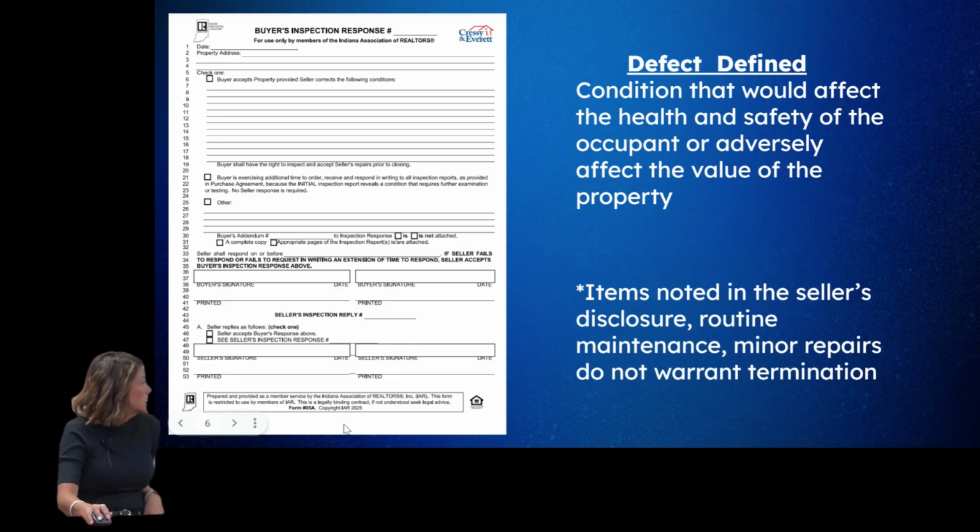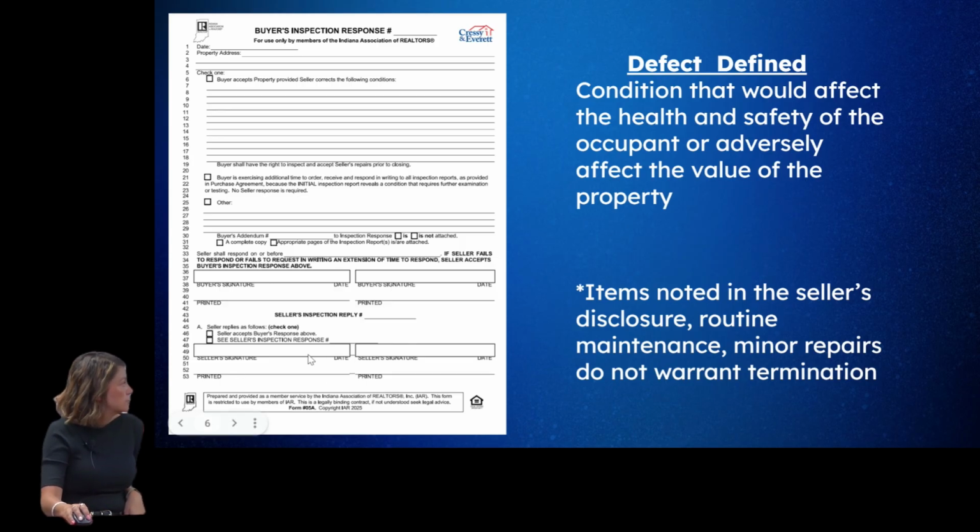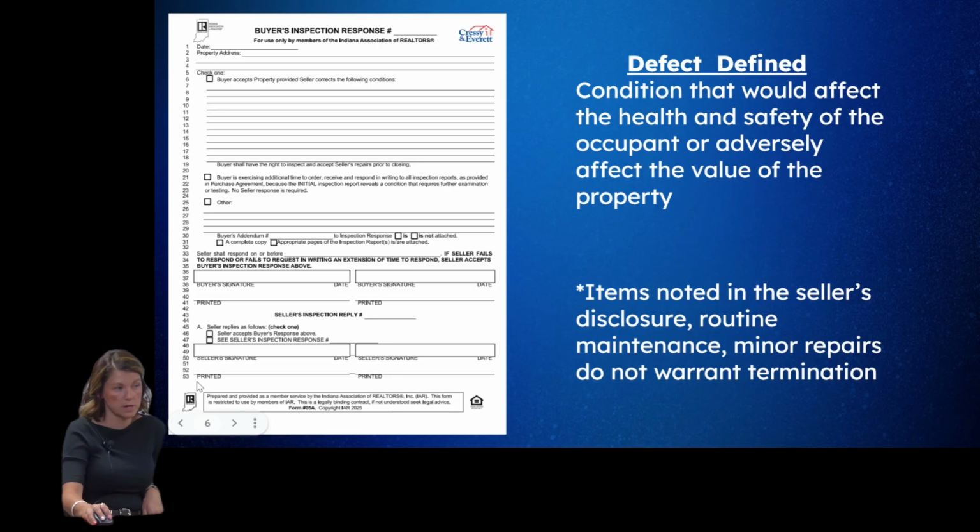Okay, so the seller has to say, yes, I'm accepting to do all of these things up here, or no, here's my response to that. And again, items noted in a seller's disclosure: if the seller's disclosure said that the roof was bad and you did not put that in your offer, you cannot ask for it now.